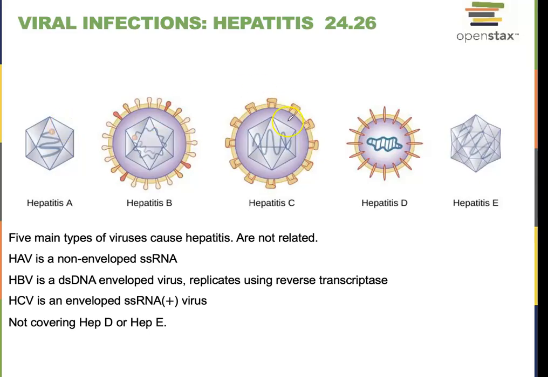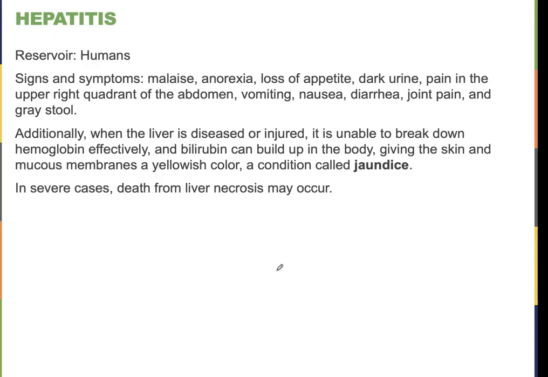So we have a naked, envelope, envelope, naked. And then we also have RNA versus DNA. We have single-stranded RNA, double-stranded DNA, single-stranded RNA, the positive form of it. So no relation, just the fact that they cause hepatitis. So hepatitis in general is going to be a human virus for those who are asymptomatic carriers.